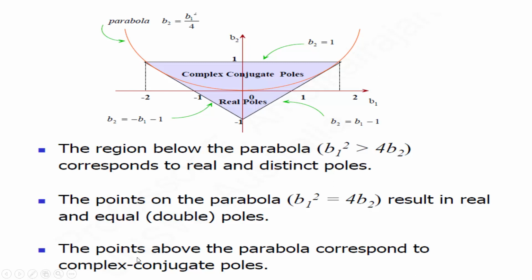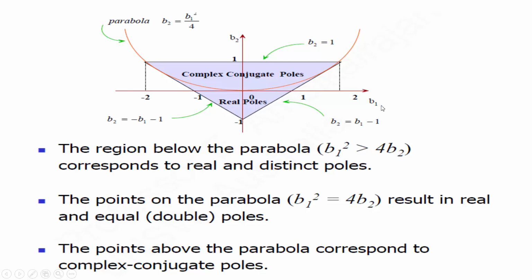All right, if any point is above the parabola, what is the value of a point? It is in terms of b1 and b2, the coefficients of the transfer function. Now if any point lies above the parabola, that will lead to complex conjugate poles.